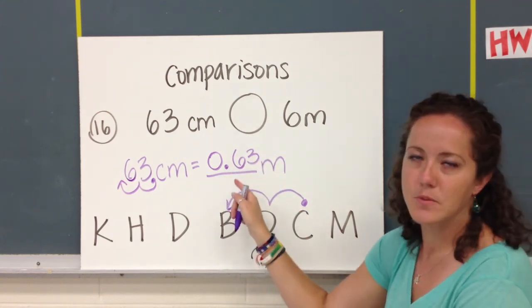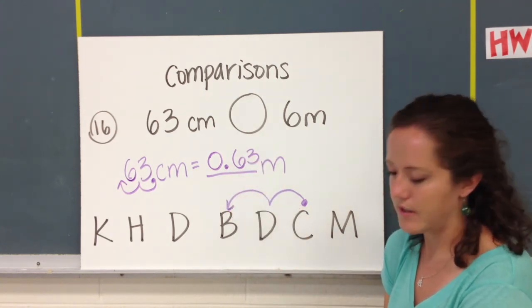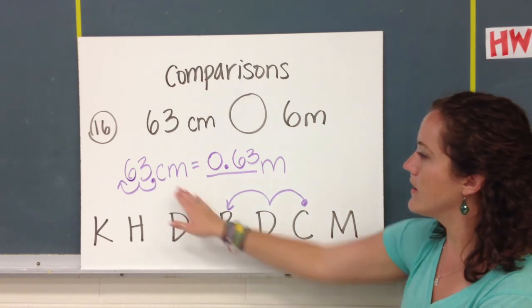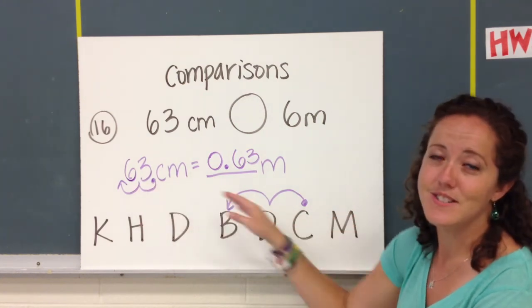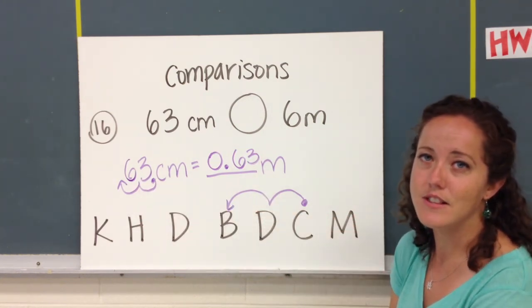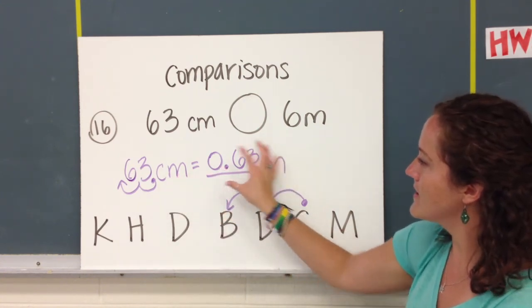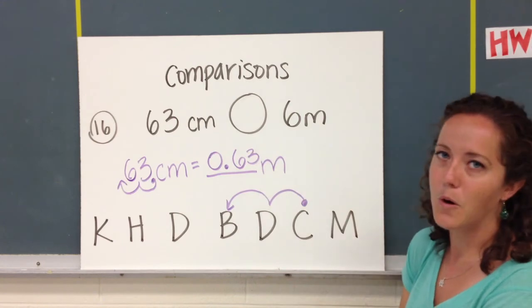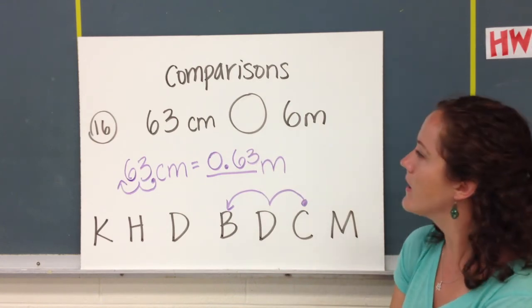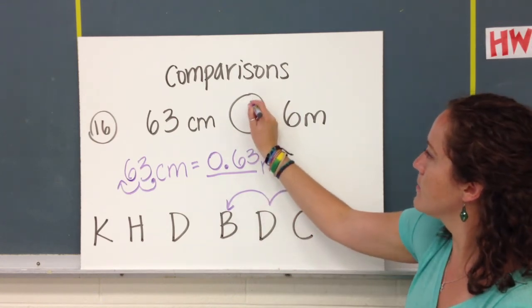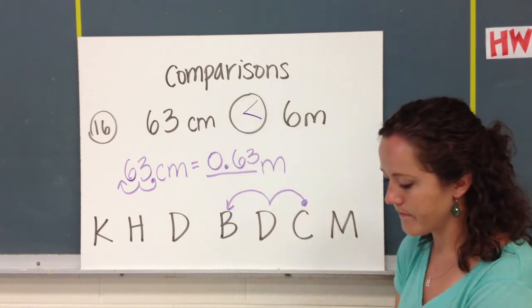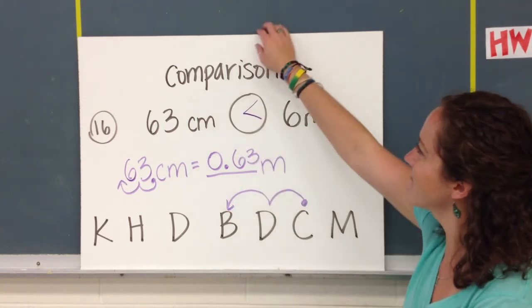So we know that the decimal is not just a stray mark in front of the number. So now we know that 63 centimeters is the same thing as 63 hundredths meters. And so now I have this number compared to 6 whole meters. We know that that's much smaller. So I'm going to use a less than symbol to show that.